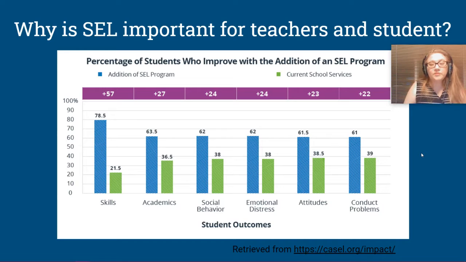And you can see a 24 percentage point increase for those two skills. Their attitudes improve, conduct problems decrease. Right there, think about all the ways that this would actually help you inside your classroom and help your students. If they could regulate their emotions, this is going to help them on their day to day basis. And these are lifelong skills that will help.